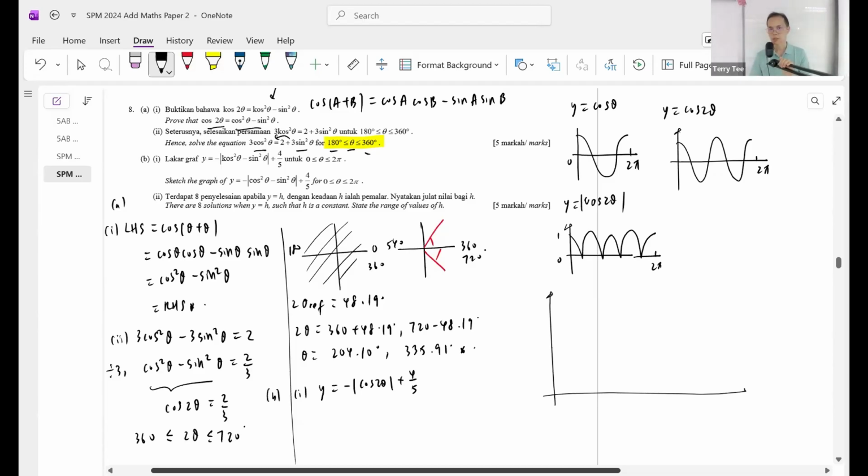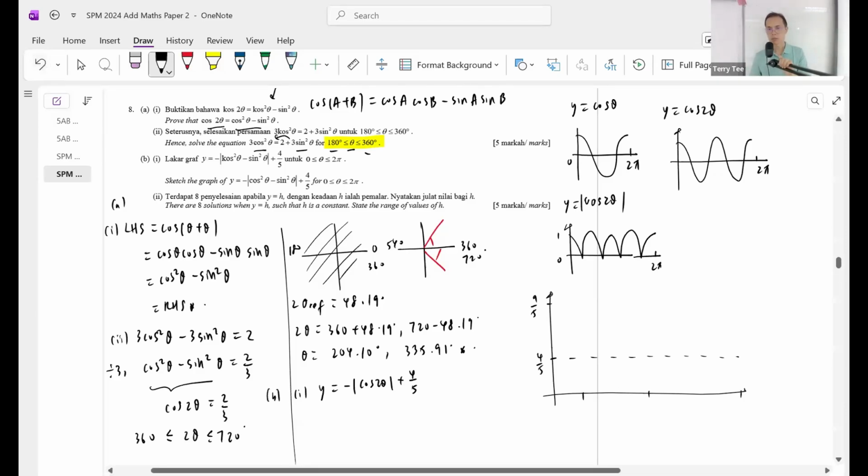So when you shift up by 4/5, let's draw a bigger version. Maybe we draw here 4/5, right? So 4/5 plus 1 is 9/5. So divide into 8 segments. There are 8 segments.